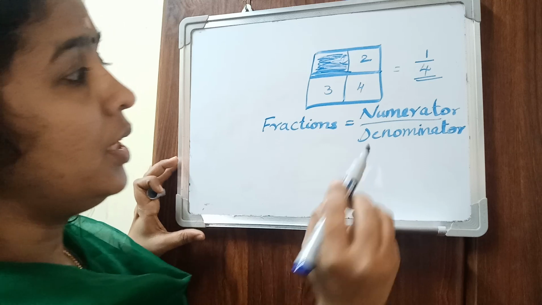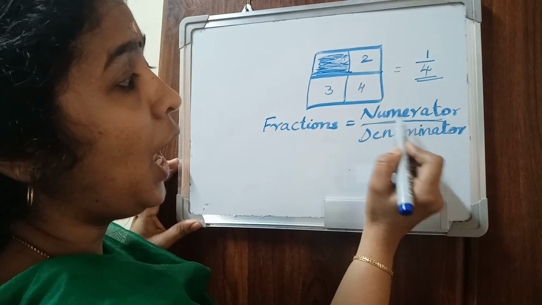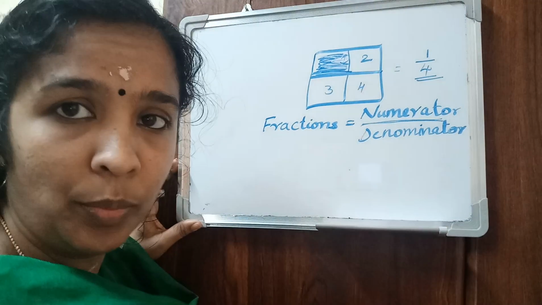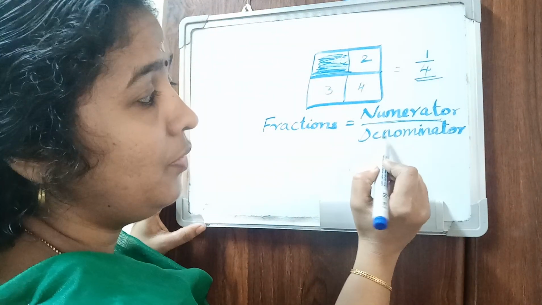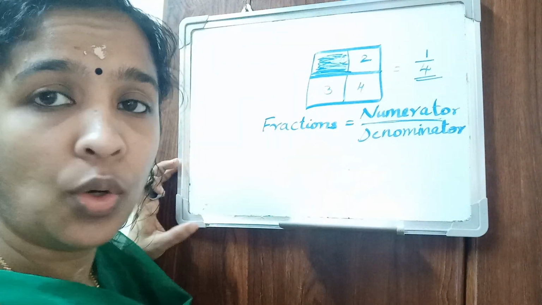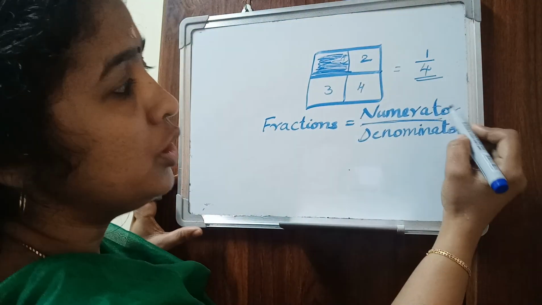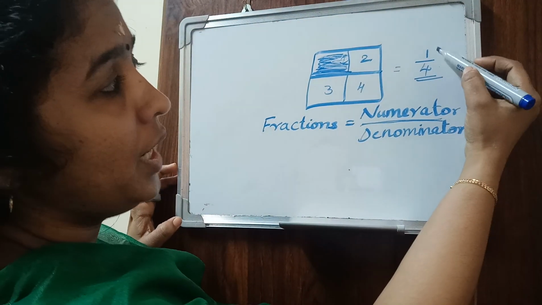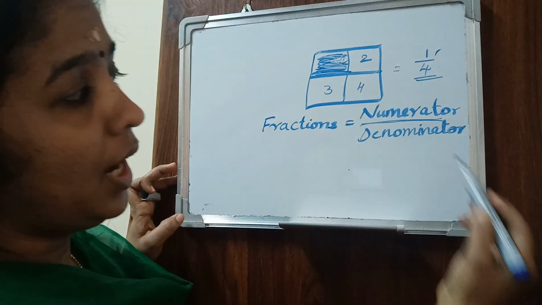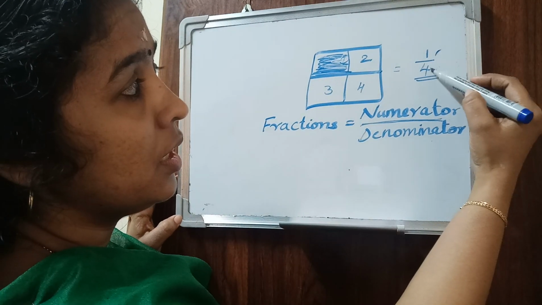Okay, the number which we write above the line is called the numerator, and the number we write below the line is called the denominator. So in this fraction the numerator is 1 and the denominator is 4.